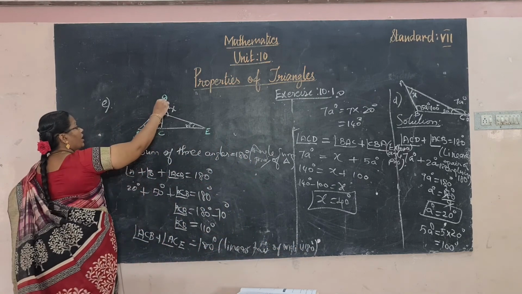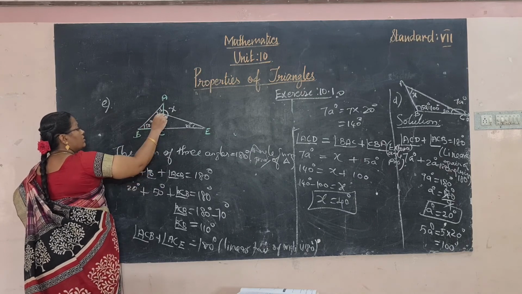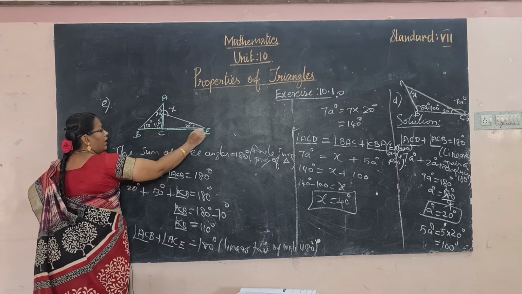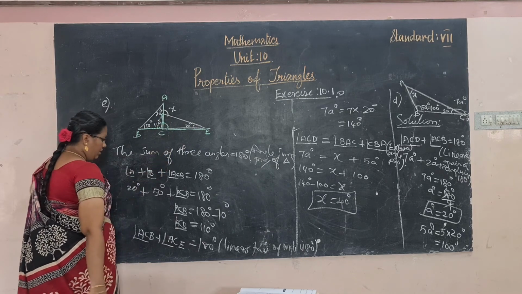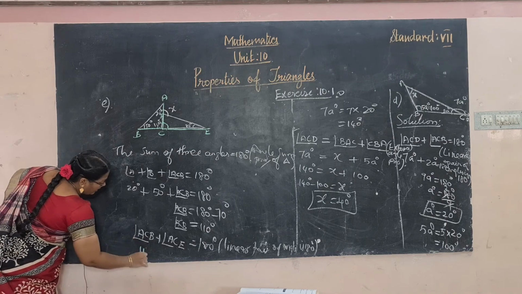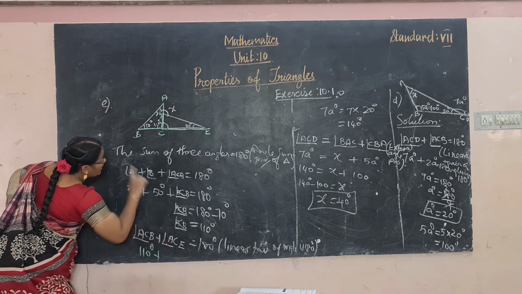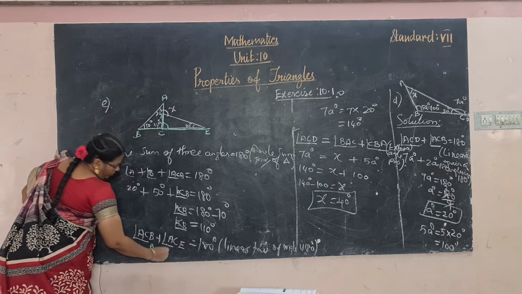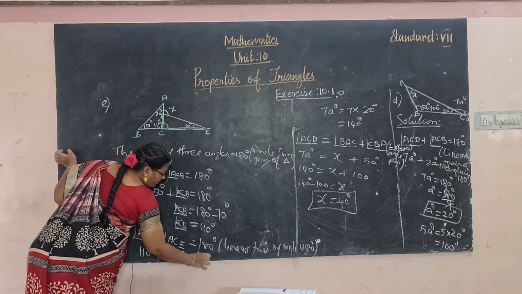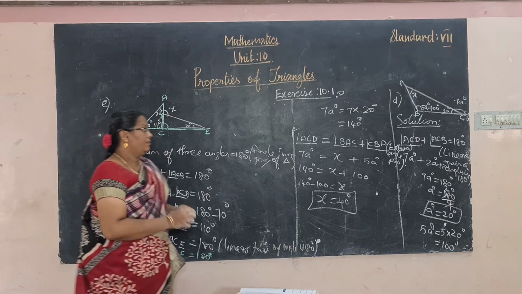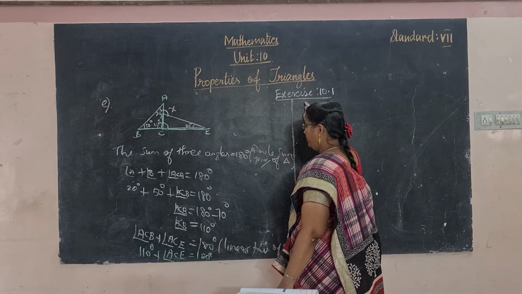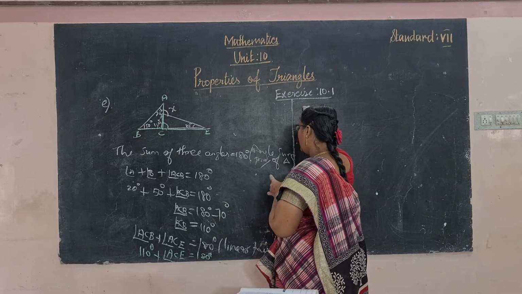Already you know that it is 110. Now we find this angle. So ACB value is 110 degree plus angle ACE, we write like this, equal to 180 degree. So the sum of the angles is 180 degree.